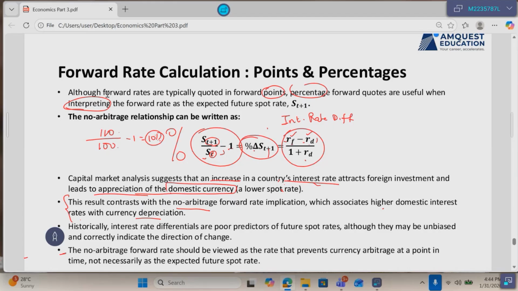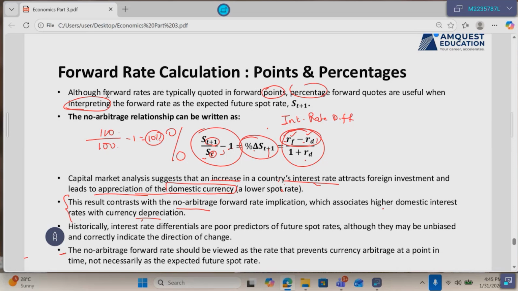Economics says a higher interest rate will lead to a higher depreciation. And what's the rate of change in currency? That's nothing but the difference in the two rates of the countries. So if India is 7%, US is 4%, the 3% differential will reflect in the future exchange rate.